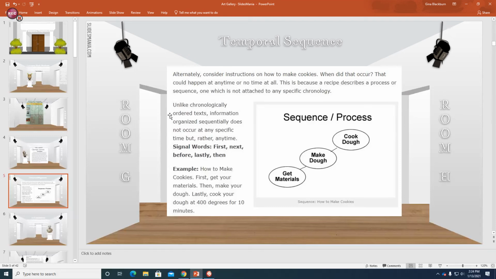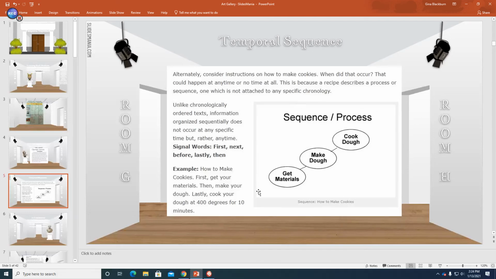Unlike chronologically ordered texts, information organized sequentially does not occur at any specific time, but rather any time. These signal words are first, next, before, lastly, then. For example, how to make cookies. First, get your materials, then make your dough. Lastly, cook your dough at 400 degrees for 10 minutes.